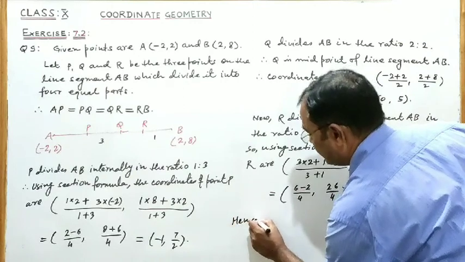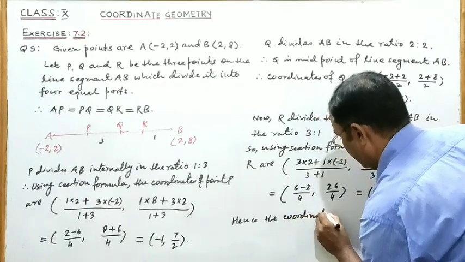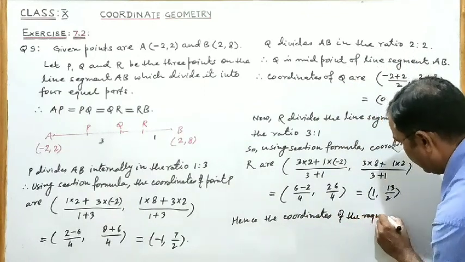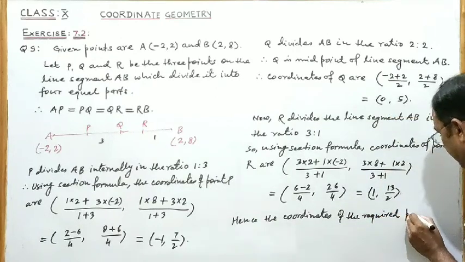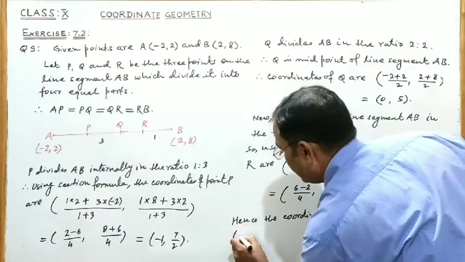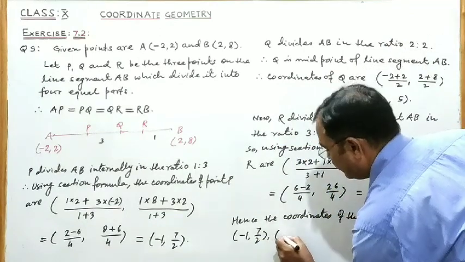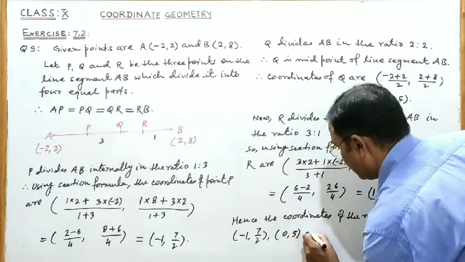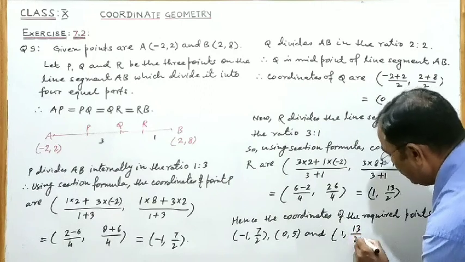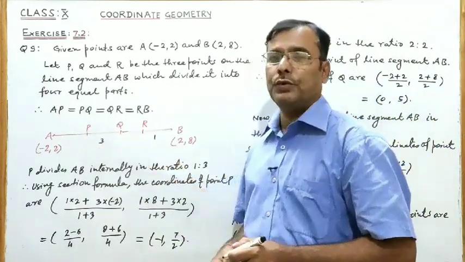Hence the coordinates of the required points are (-1, 7/2), (0, 5), and (1, 13/2), which divide the given line segment AB into 4 equal parts.